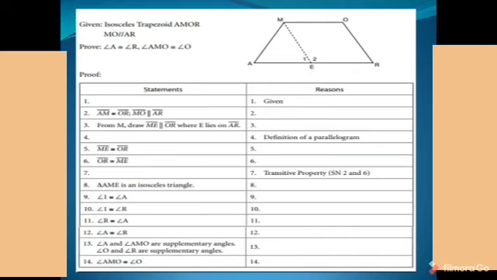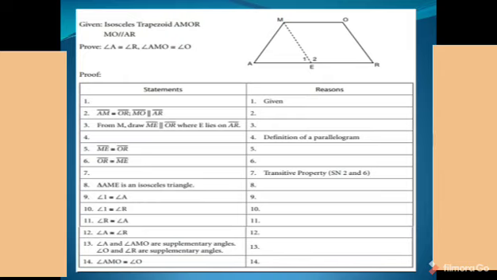Given isosceles trapezoid AMOR, MO is parallel to AR. We are asked to prove that angle A is congruent to angle R, and angle AMO is congruent to angle O. So what would be our first statement, where the reason is always given?